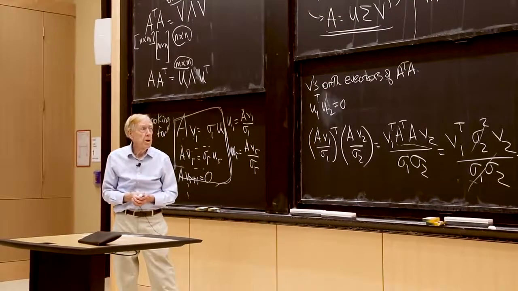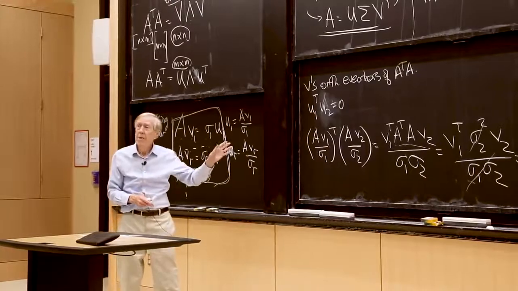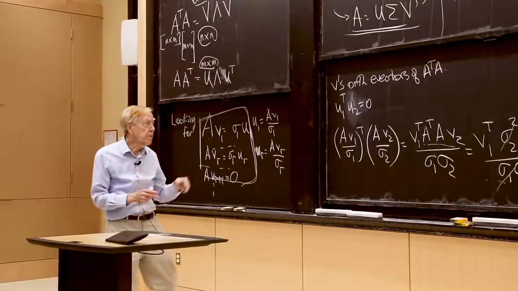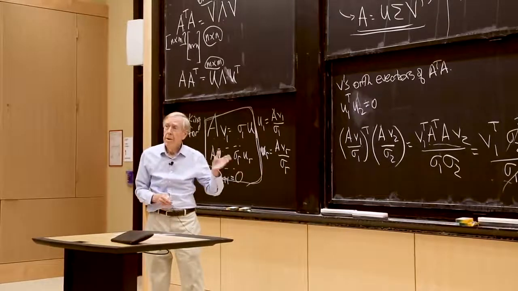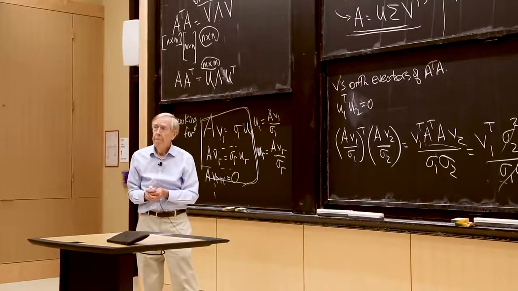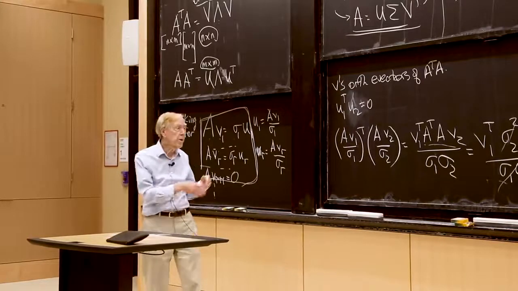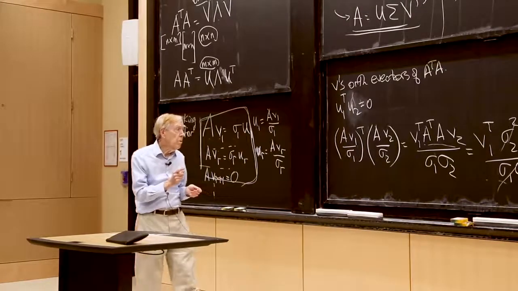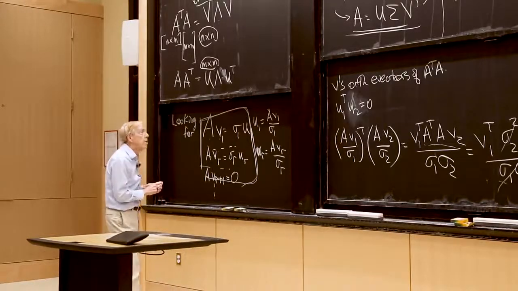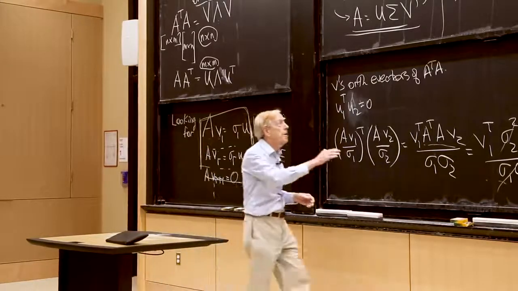rectangular matrices. And I better say a word, just a word here, about actually computing the V's and the sigmas and the U's. So how would you actually find them? What I most want to say is you would not go this A transpose A route.